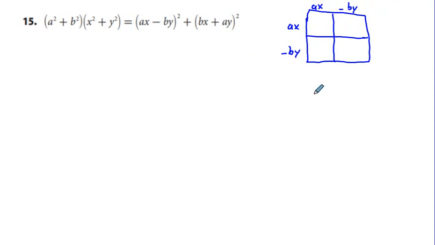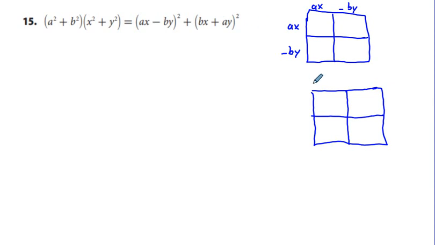And I'm going to similarly take the next binomial squared, which is going to be quantity bx plus ay.